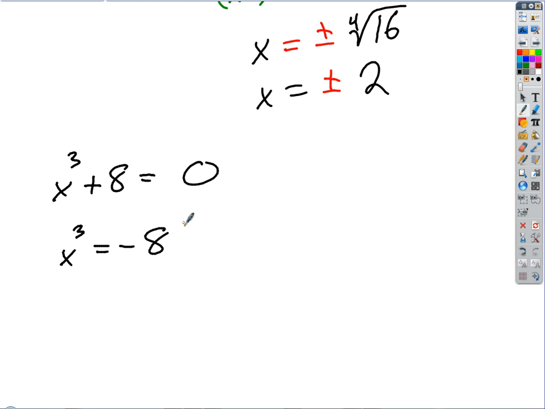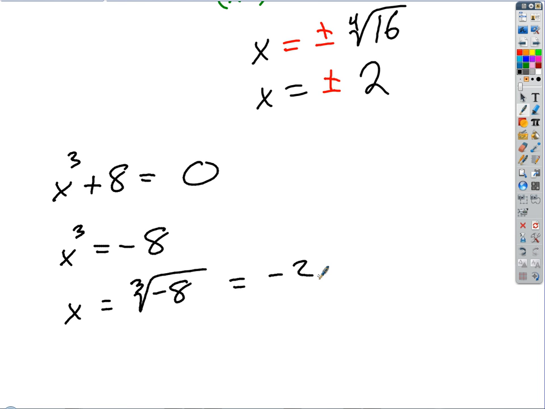Now what? Cube root. Okay. Do I need a plus or minus? No, I don't, because it's odd, right? Because it's odd, I just get one answer. So I get the cube root of -8, which is what? -2. That's my answer. Okay?